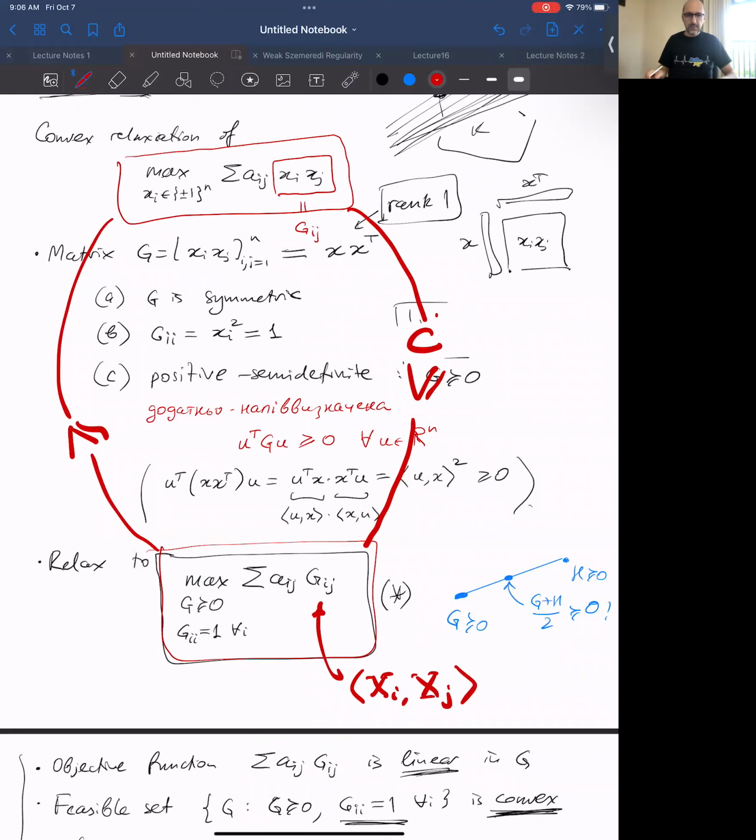That's a general fact. So relaxation will give us vectors instead of signs. We just have to convert the vectors, capital Xi's, into signs, which are little xi's. We do this by quantization, which is a very harsh quantization done in a probabilistic way. We'll quantize these vectors and we get the signs. So that's how we convert back the solution.